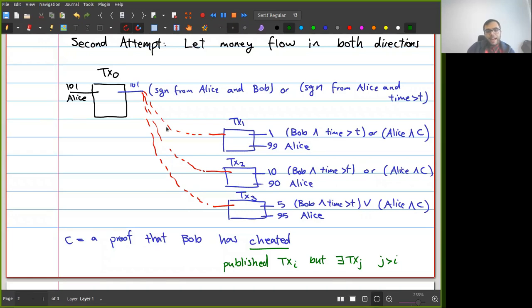At the time of transaction 2, Alice was paying a total of 10 units to Bob, and then we said Bob wants to refund 5 units of this to Alice. So when I say that Bob has cheated, I mean that Bob is not honoring some of the refunds that he owes to Alice.